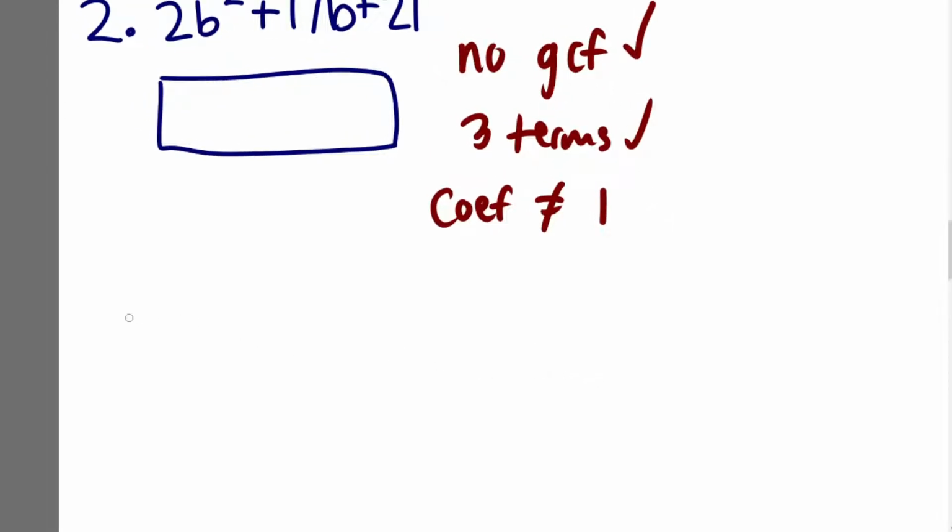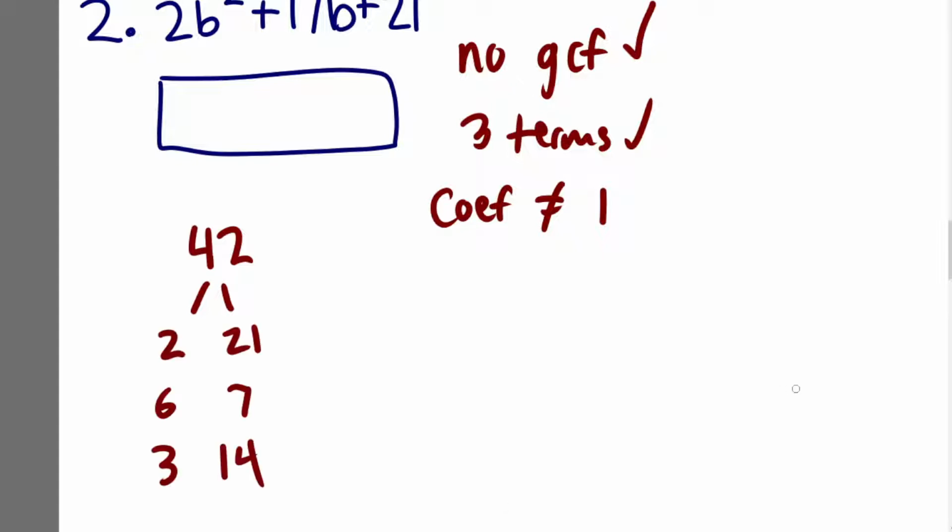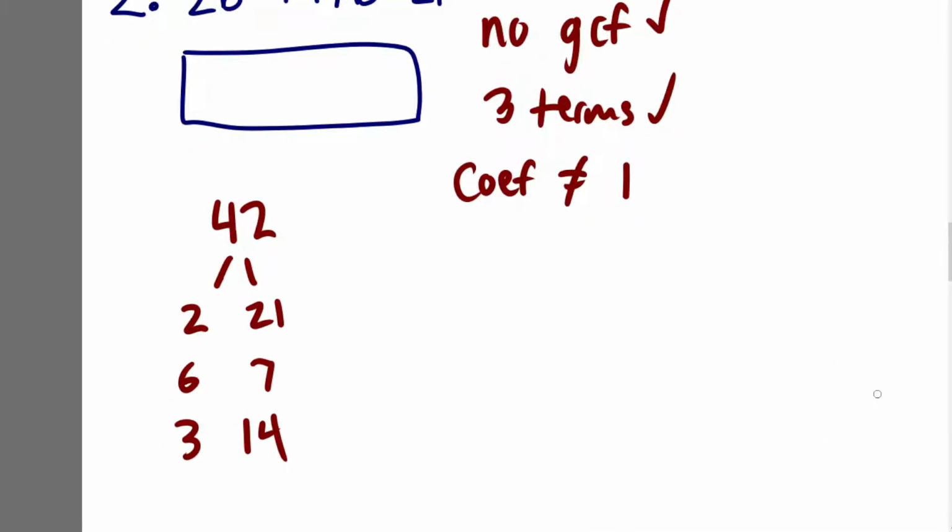So what we will do is the same process. 2 times 21 is equal to 42. Let me think of some factors for 42. Okay, so the factors of 42 are 2 and 21, 6 and 7, 3 and 14.